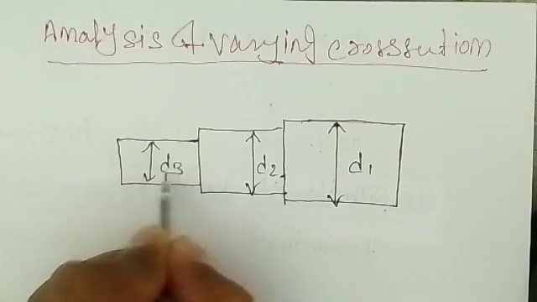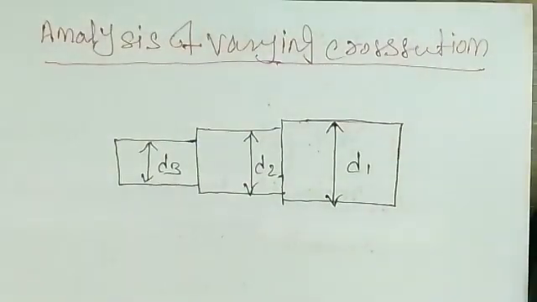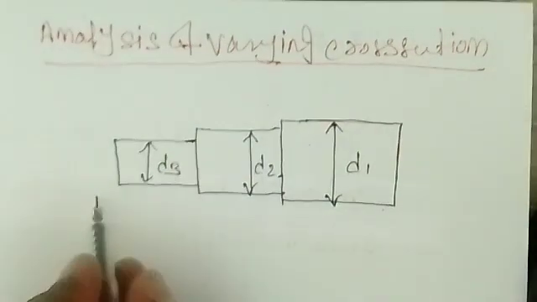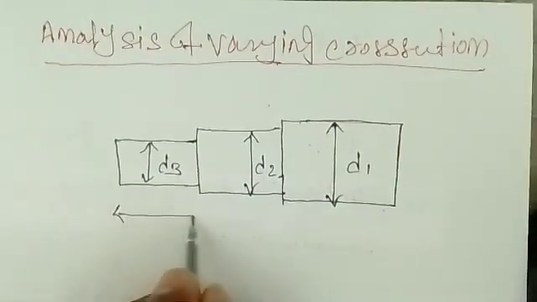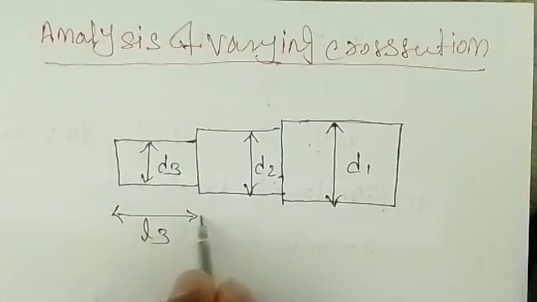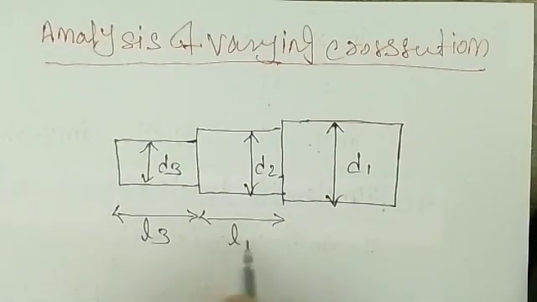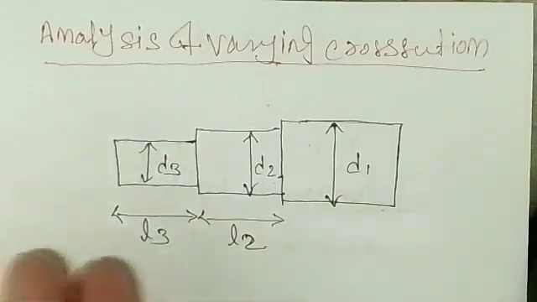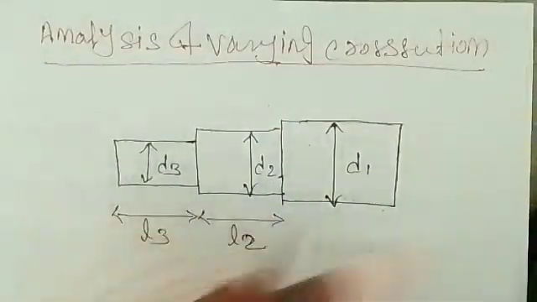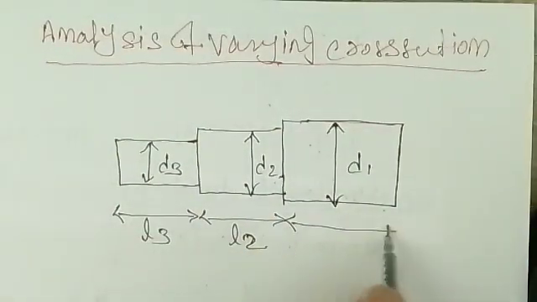Means we are considering that the cross sectional section is there, right? The length of this is, you can consider it as a L3. This is your L2. Don't mind that I'm coming from back to front, from final to initial, right? So this is your L1. Sorry, this is the L1, right?